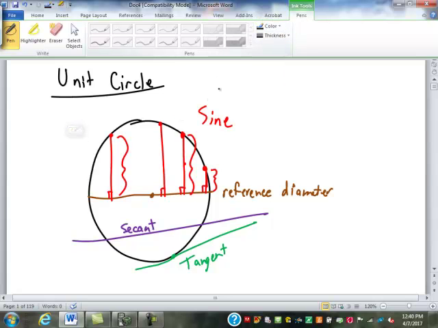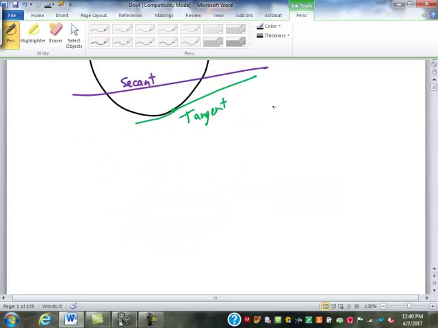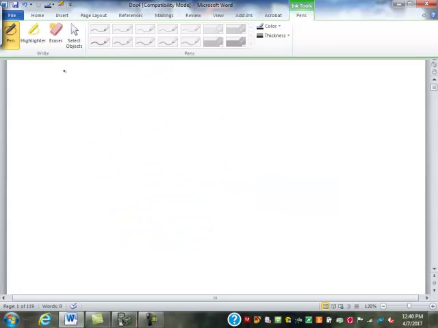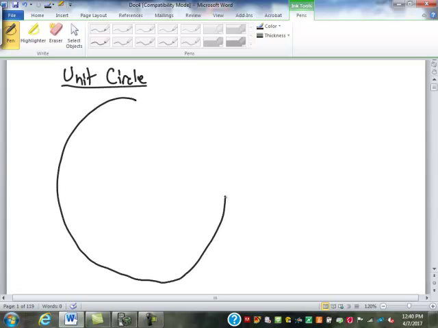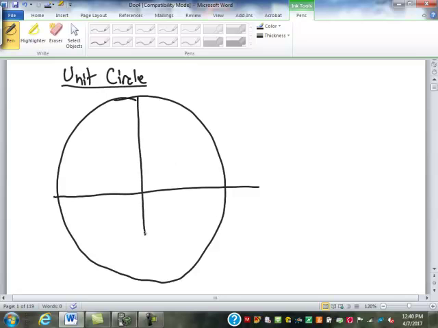Well, why did I make a point of going over those geometric features again? Pretend that looks like a circle. There's that horizontal reference diameter. I'm going to put in a vertical diameter just to reference off of.